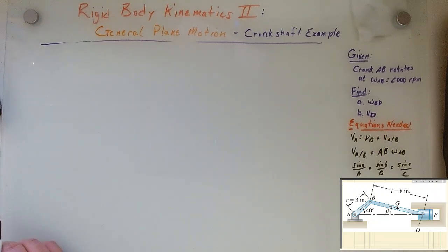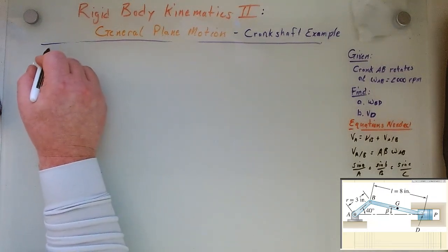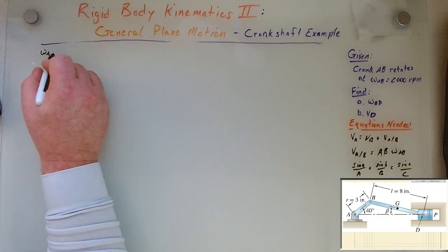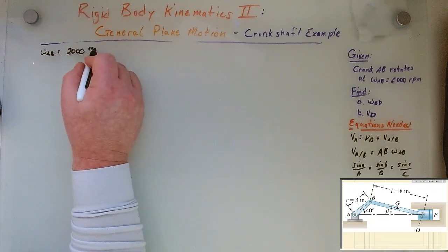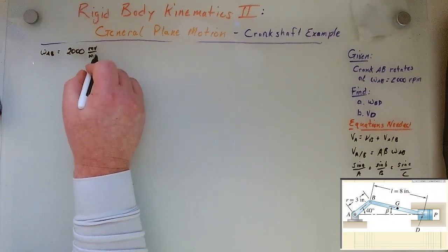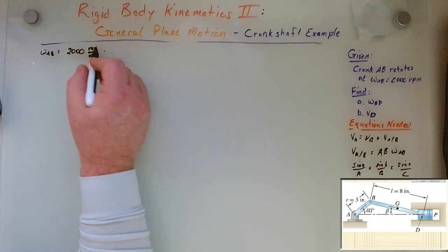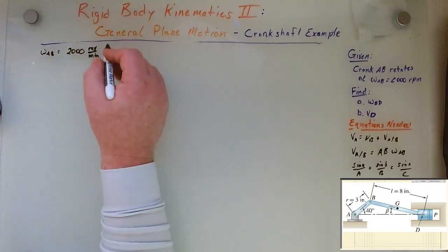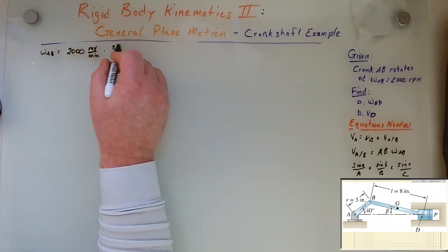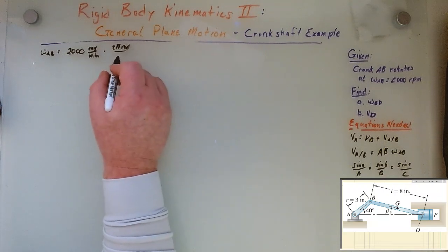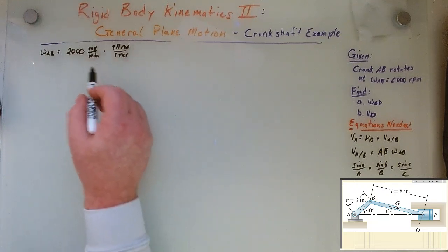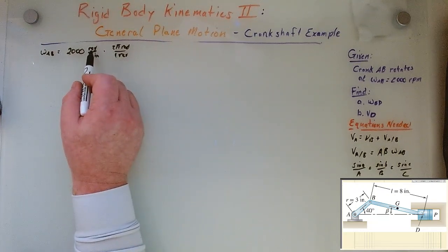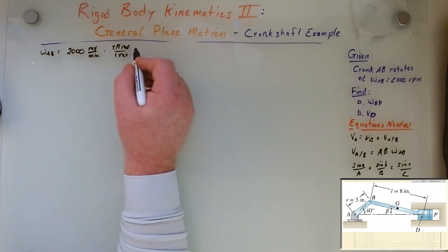So first of all, this omega AB is in units of revolutions per minute, so we need to convert that. So let's see. Omega AB is equal to 2,000 revolutions per minute. And we need to multiply it out so that we get radians per second. So 2 pi radians over revolution, right? And the strategy is simple, right? You just put the one that you're trying to eliminate diagonal to where it's currently at.